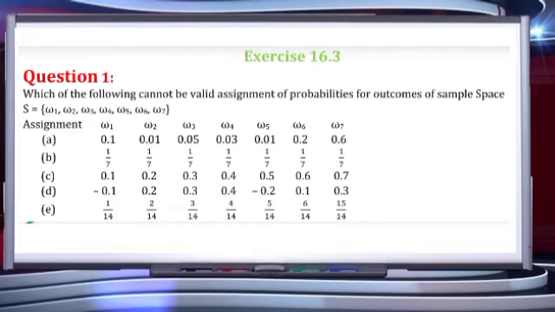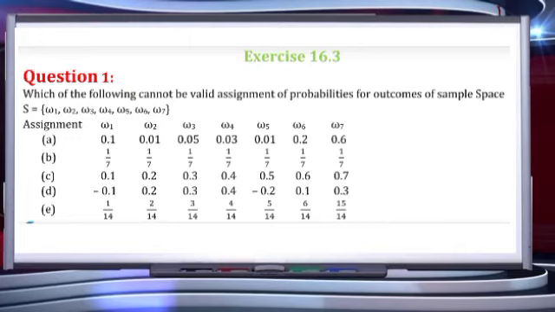For such questions, you should keep in mind that the probability of an outcome of a sample space should not be negative or less than 0 or greater than 1, and the sum of all these outcomes of the sample space should be equal to 1. So with these properties, let us start with the questions one by one.